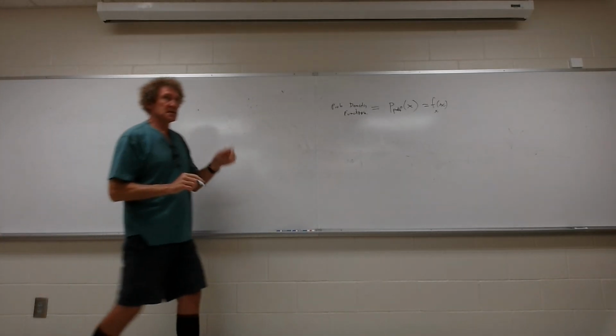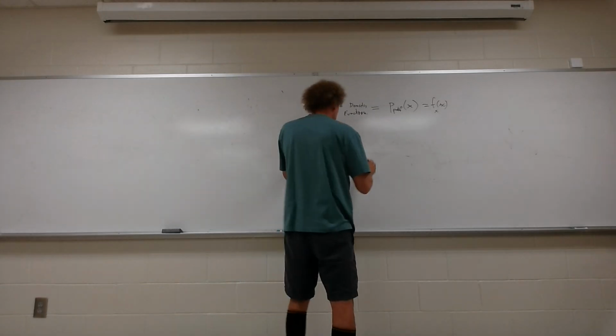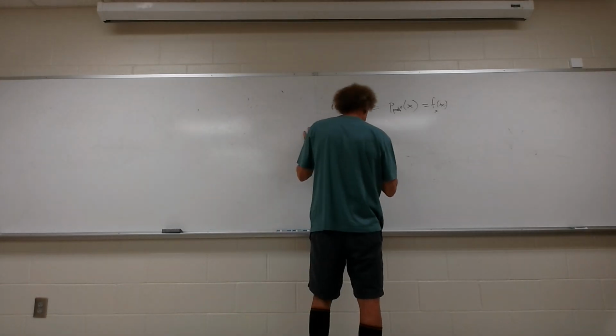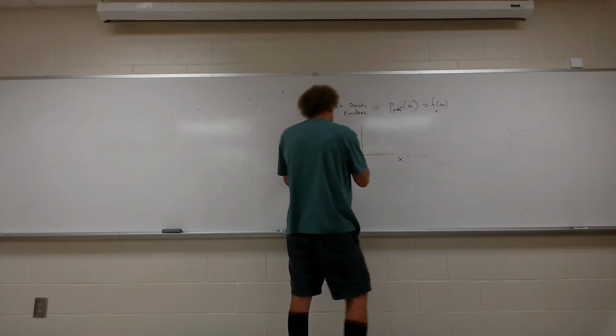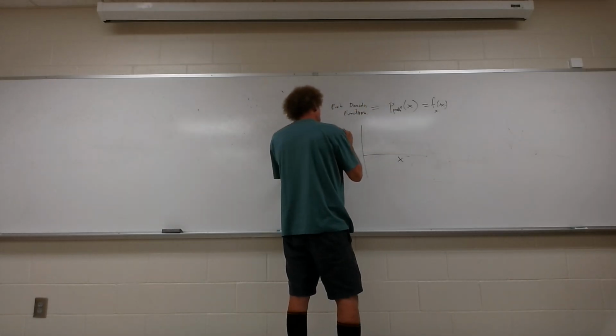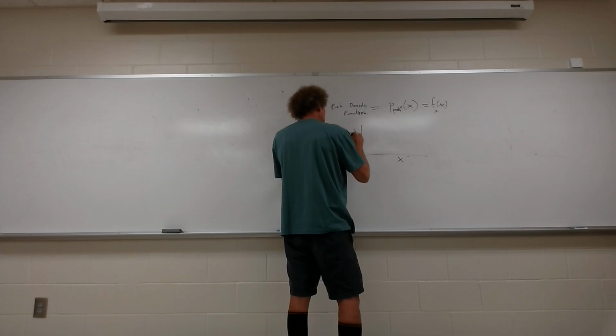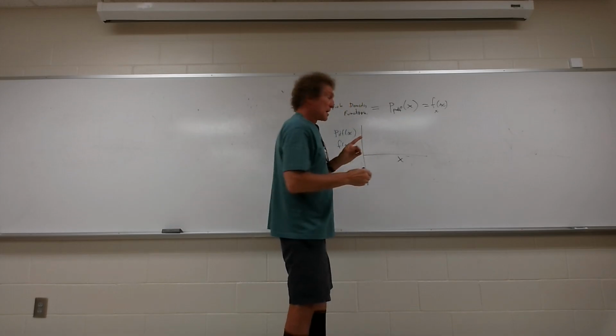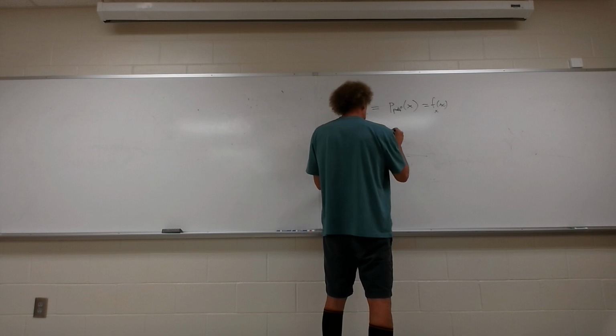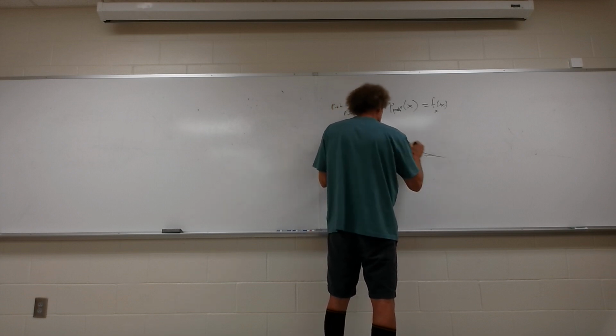So first of all, here's a typical probability density function. If this is the value of x, and this is the probability density function, f of x, and I'm using a bell curve here, it doesn't matter what the values are.